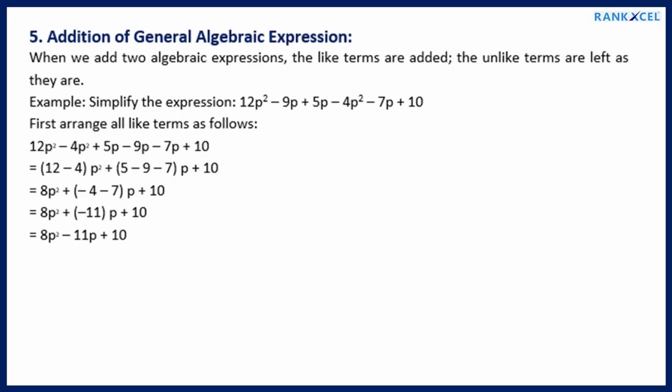5. Addition of general algebraic expressions. When we add 2 algebraic expressions, the like terms are added, the unlike terms are left as they are. Example, simplify the expression.